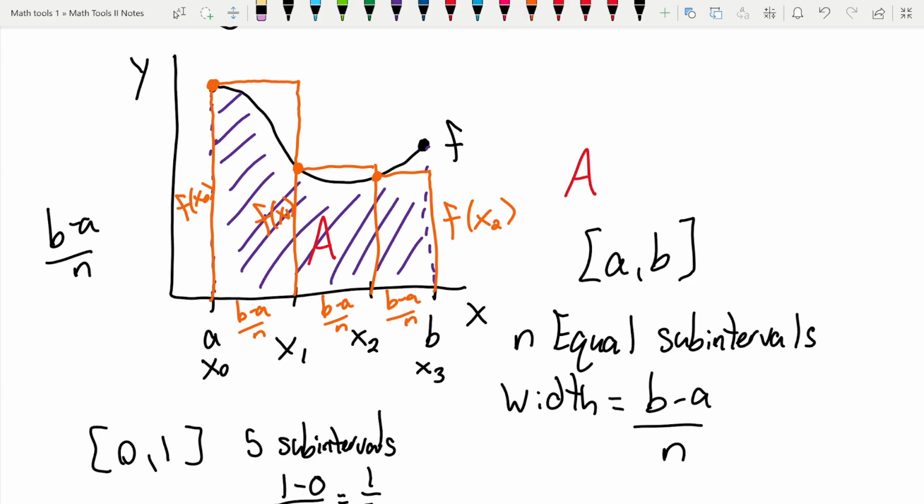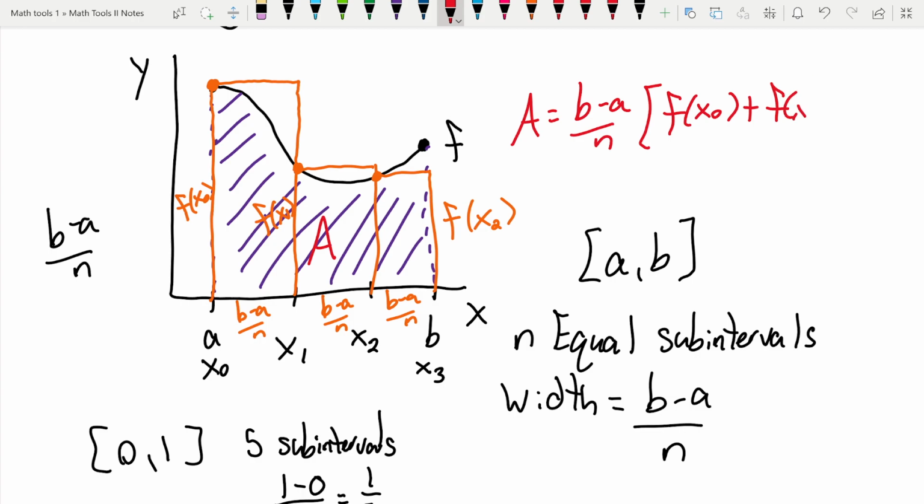So we would approximate the area A as b minus a over n times f of x0 plus f of x1 plus f of x2. And we actually don't need to write n every time. We could have just written 3, because we actually defined what n is, right? Because it was 3 subintervals.